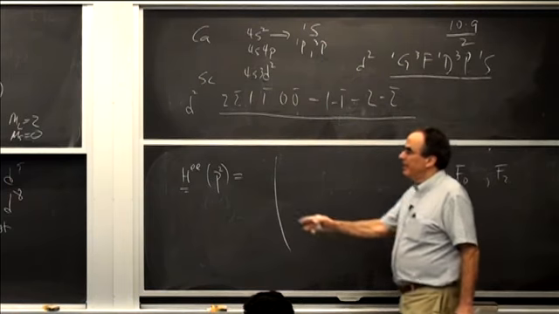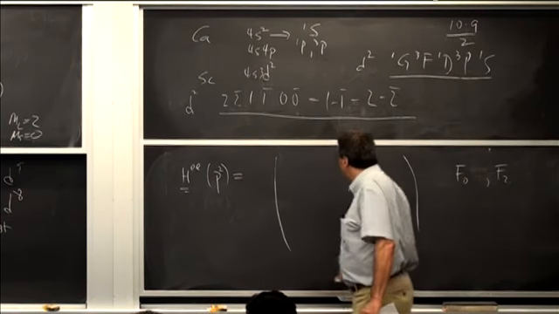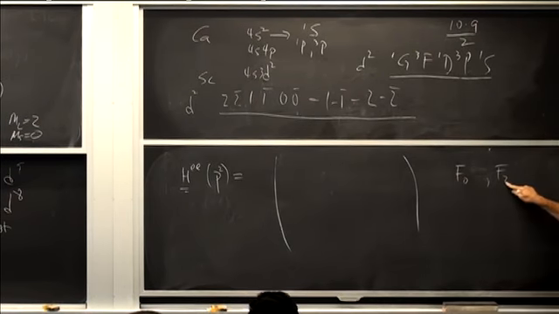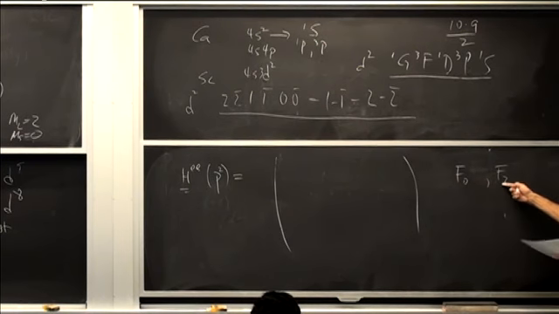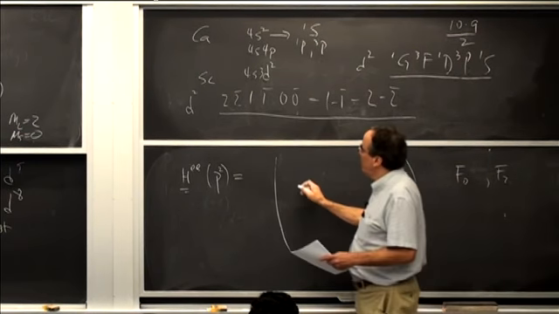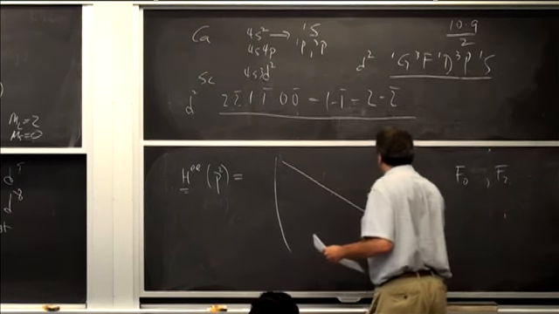If the electrons are p electrons, the maximum index you can have is 2 times L. So if you had F electrons, you'd have F0, F2, F4, and F6. But since it's only P, you have F0 and F2.